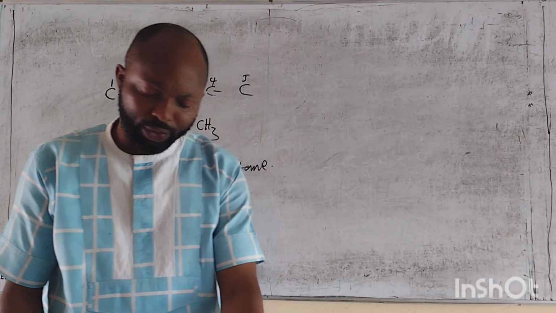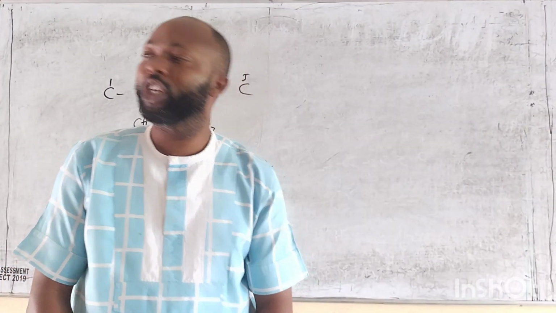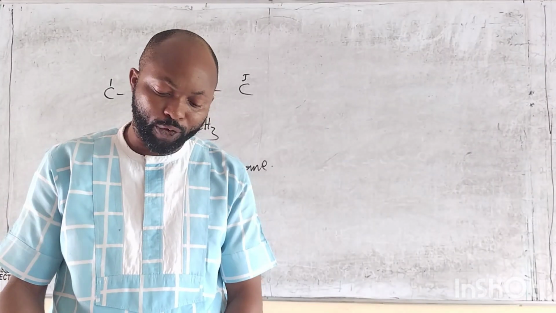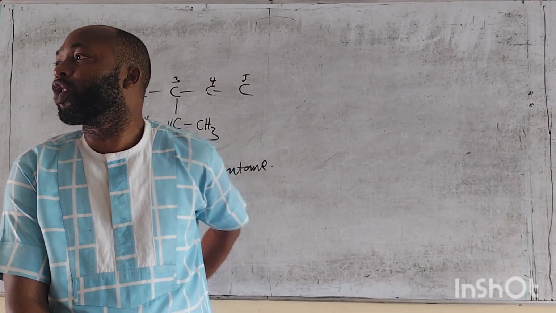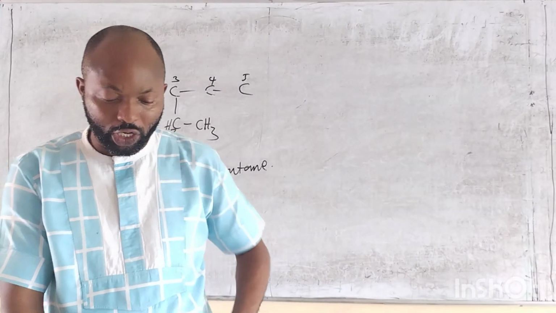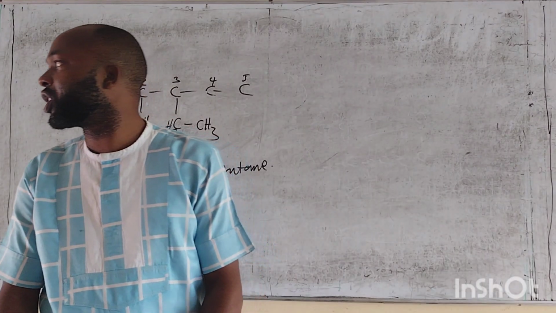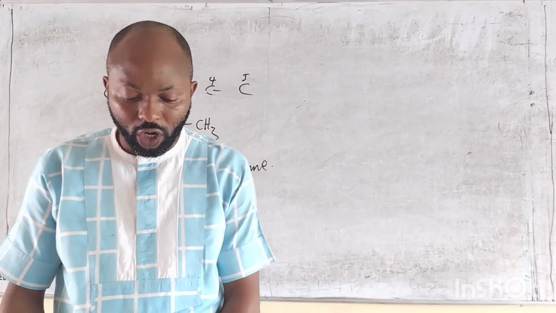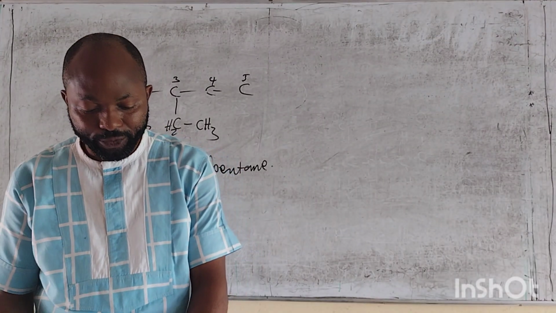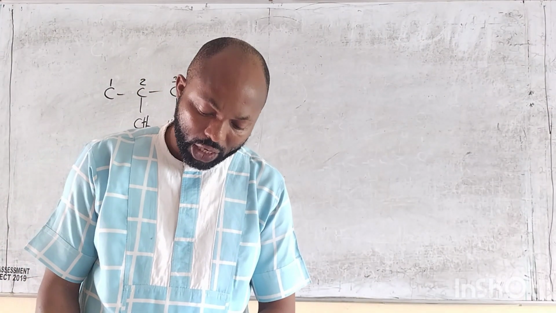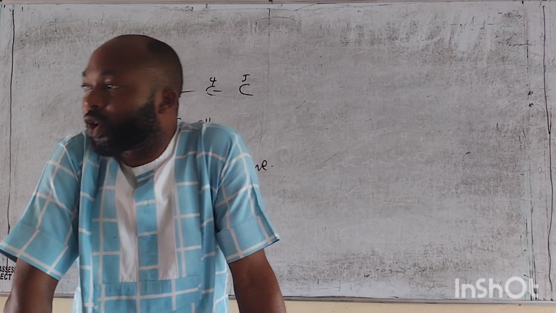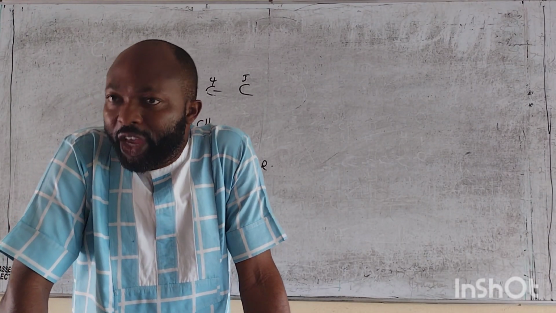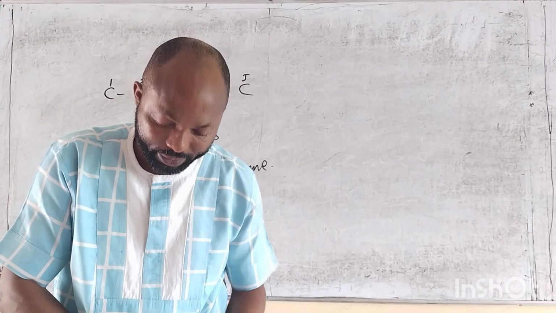Here, let me give you: we have the bromo, BR, chloro, CL, fluoro, iodo, I. We have the nitro, NO2, the nitro group is a functional group. We have the methoxy, OCH3. We have the ethoxy, OC2H5, and so on and so forth. Now let us take a practical example that has to do with all of the heteroatoms therein, and we'll name them accordingly.